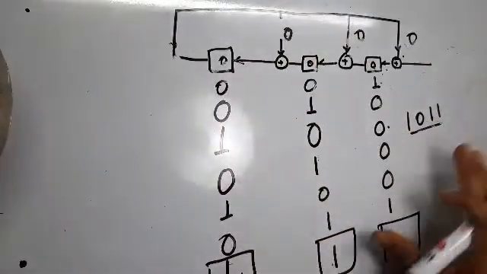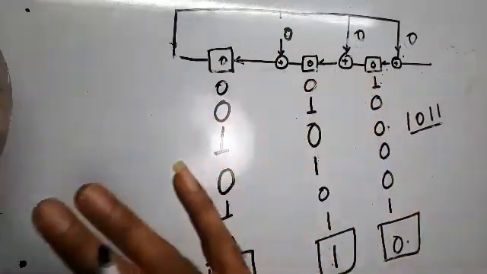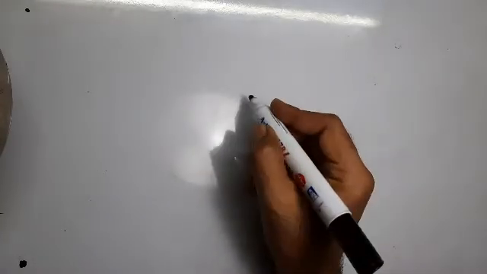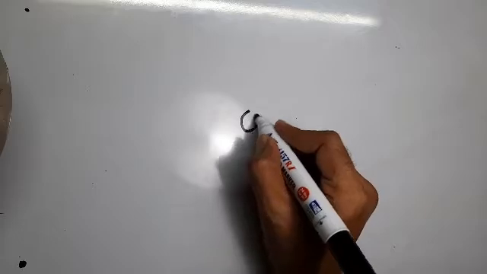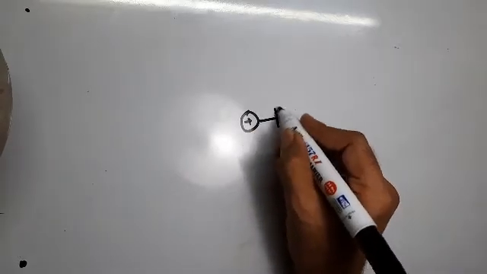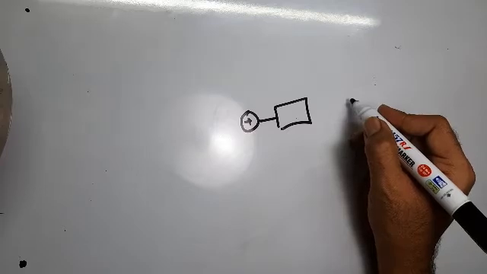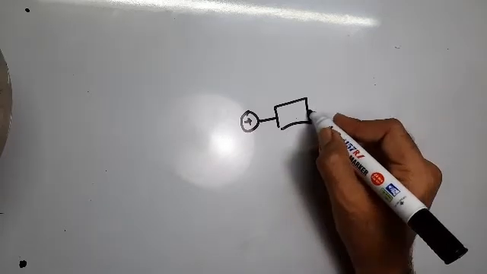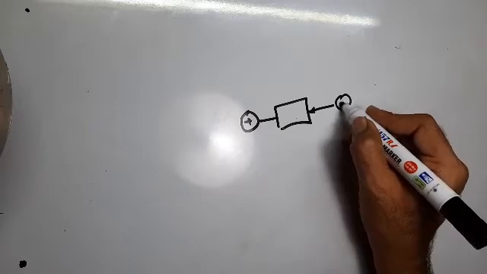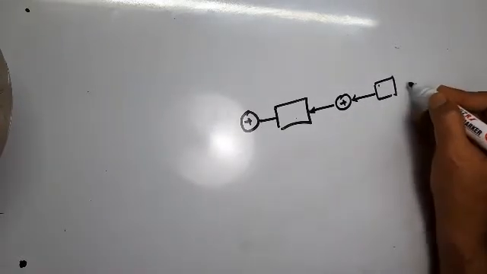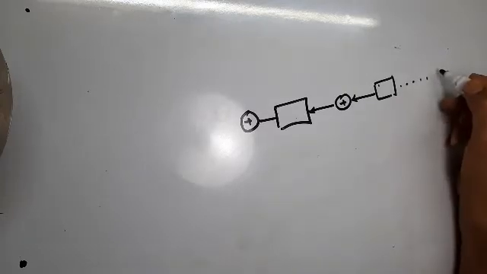Then I am going to redraw this figure for a general divisor. For the general divisor case, you see, I need XOR gates for which the input will be from the next stage.